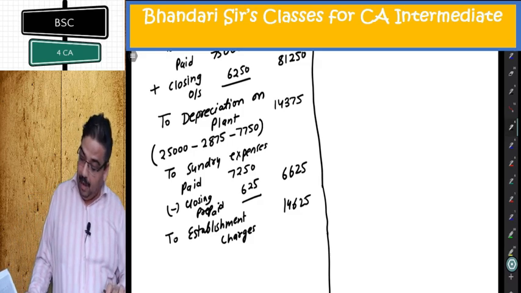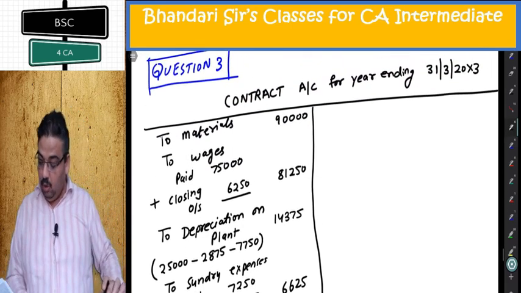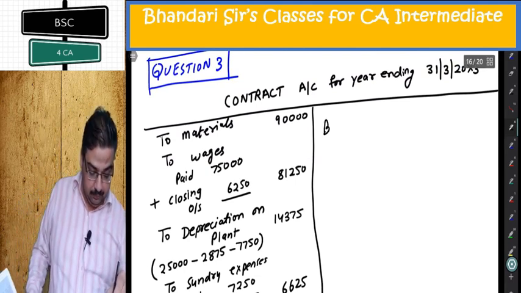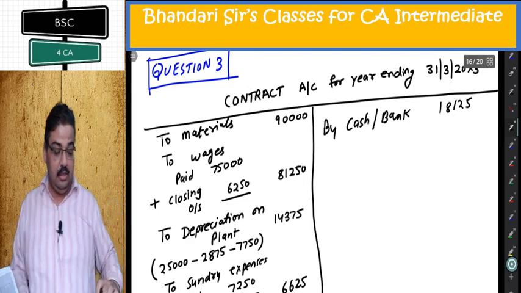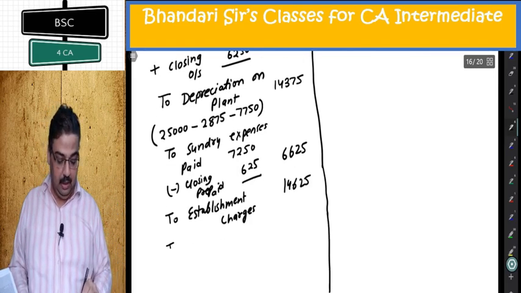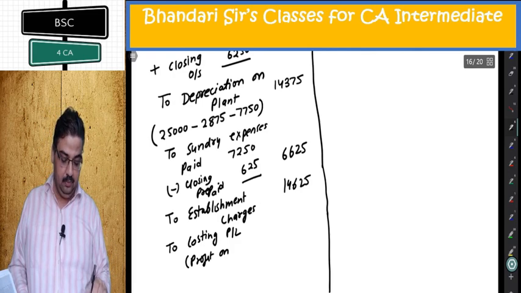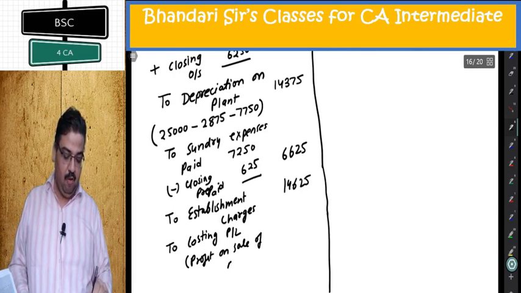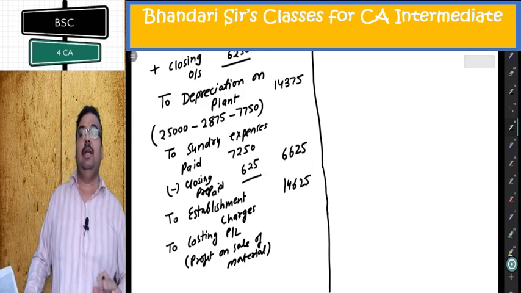At the bottom, a part of material was unsuitable and was sold for 18125, cost being 15,000. By cash or bank, they are realizing 18125. On that there is a profit also. To costing P&L. That is profit on sale of material. This is abnormal profit because material is never purchased with the intention of selling.